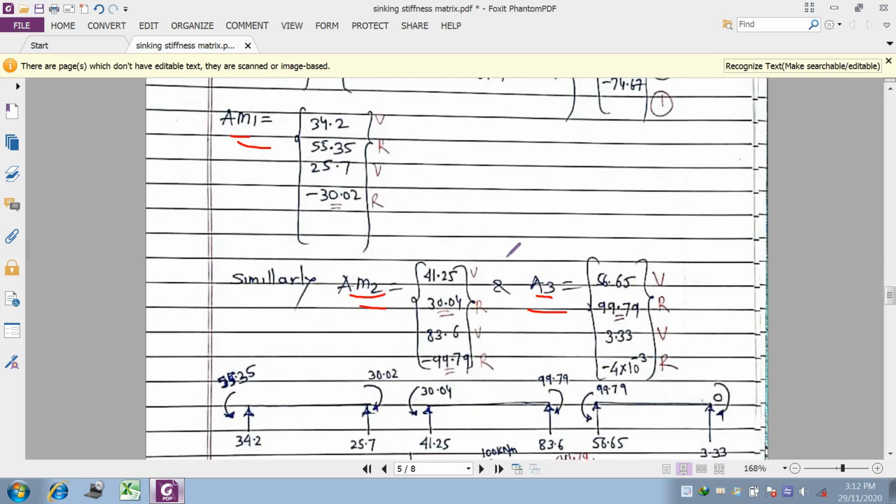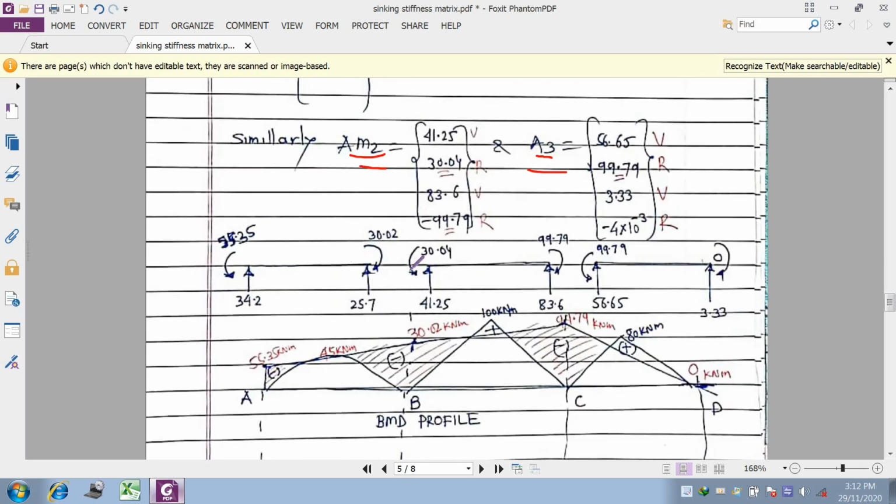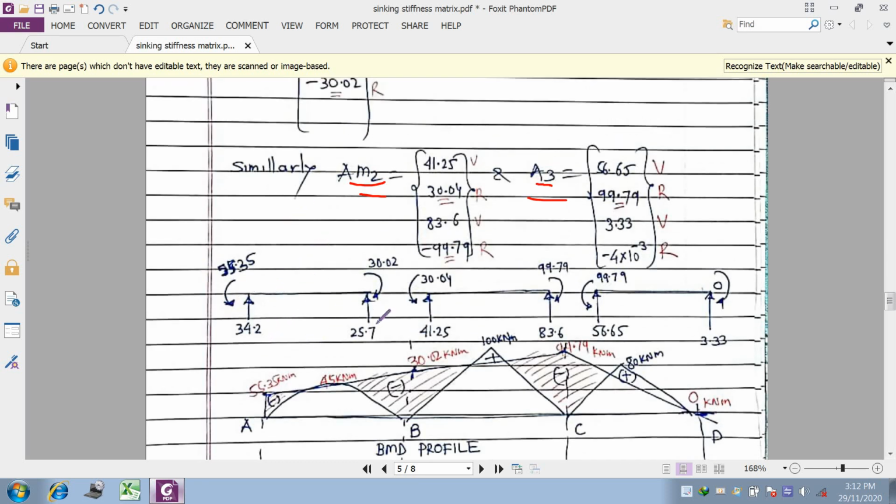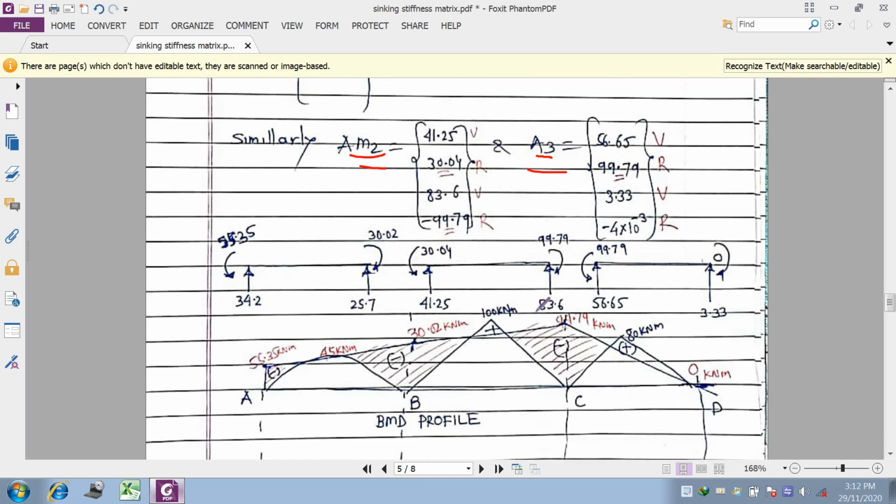So by obtaining all these values you have to write them in diagrammatic form, and always remember while writing the matrix values, especially the rotation value, in your original form the clockwise rotation will become anti-clockwise. Okay, so based on that I have constructed this, you can see that, and based on that we can plot the diagram.